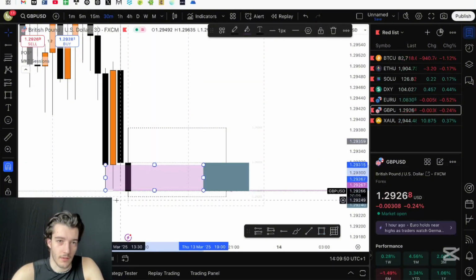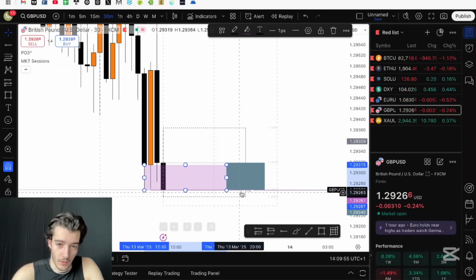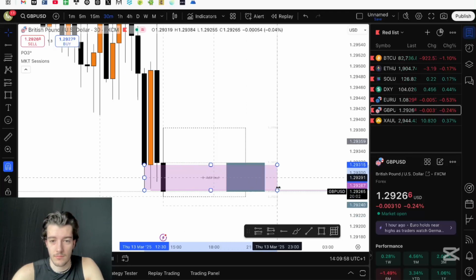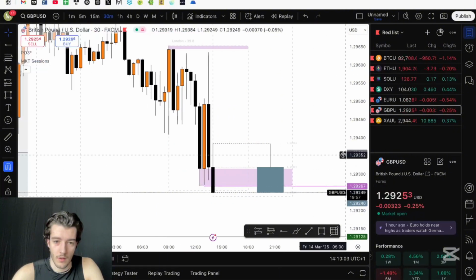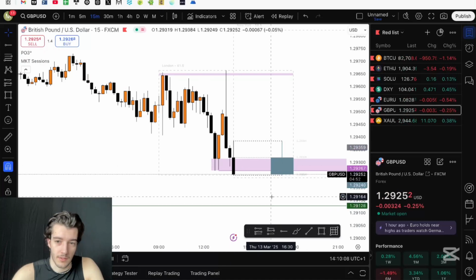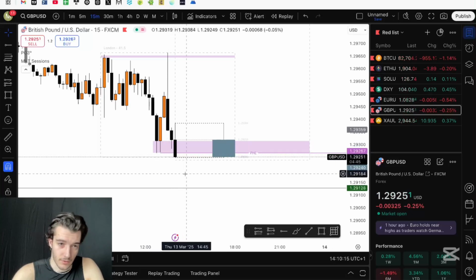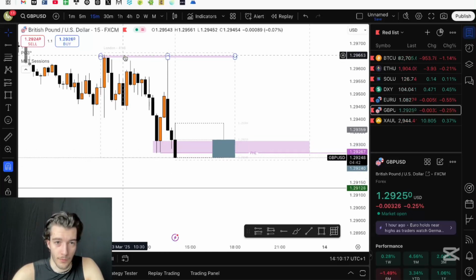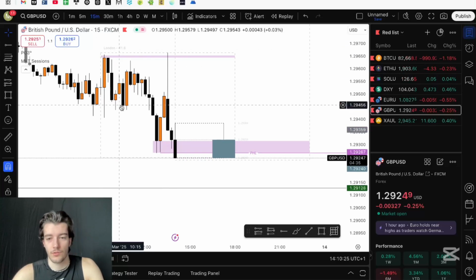If we close a 30-minute candle below here, below these lows, that's to me indicating we're gonna move lower, but we must close at least a 50-minute candle would be ideal, with a 5-minute bearish fair value gap that gets respected, to confirm that the next 50-minute candle is gonna continue the trend to the downside.